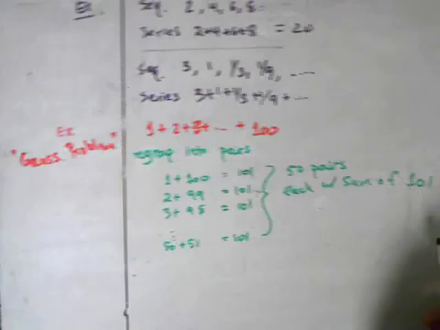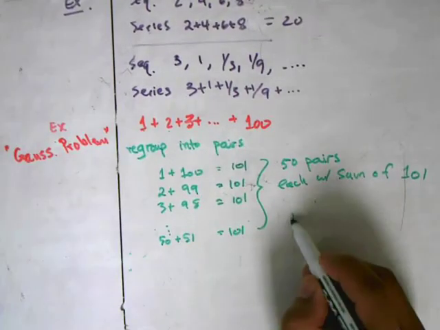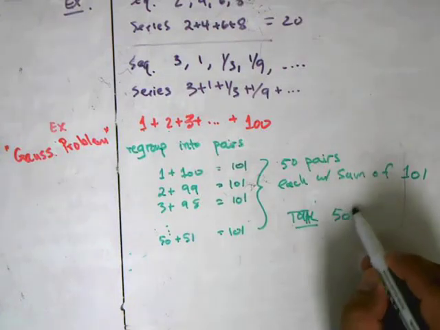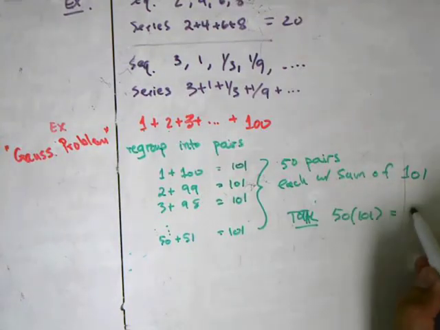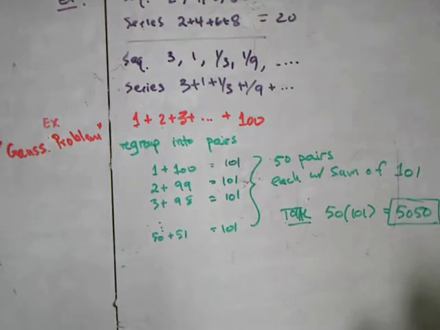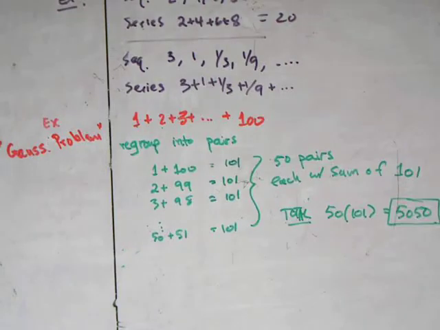So in total, it's just 50 times 101, which is 5,050. And this is how Gauss was able to do this so quickly, just by rethinking the problem and grouping it again.